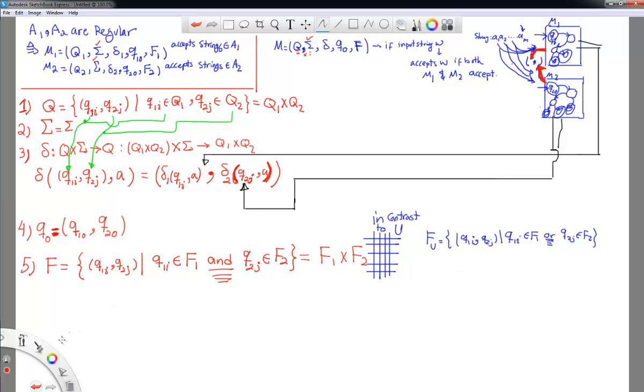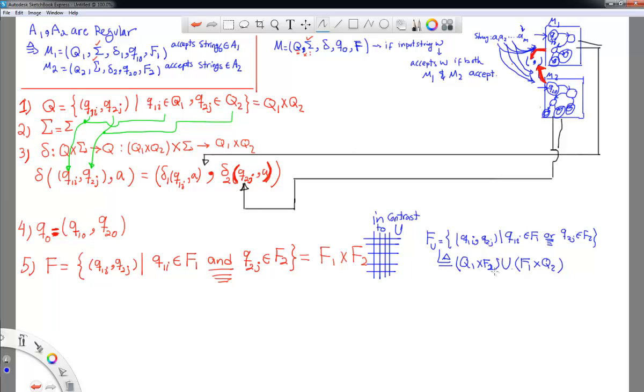And remember from this one, for the union, we said this is also equivalent to the states being from Q sub 1 cross F sub 2 union F sub 1 cross Q sub 2.